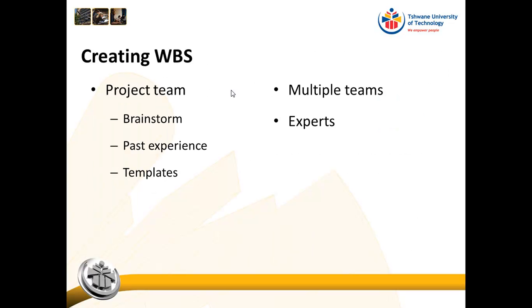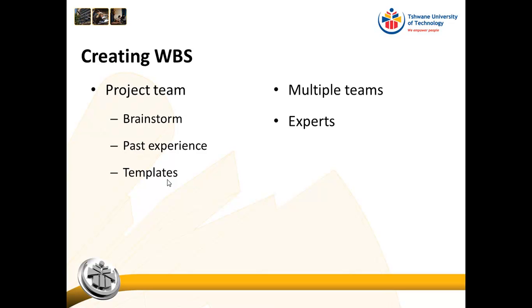Okay, so how do we create a work package? We use the project team, who then brainstorm. They use their past experience, and we can also use templates. Templates are used in specific industries because in order to use a template, what we are doing has to be similar to what we did previously.